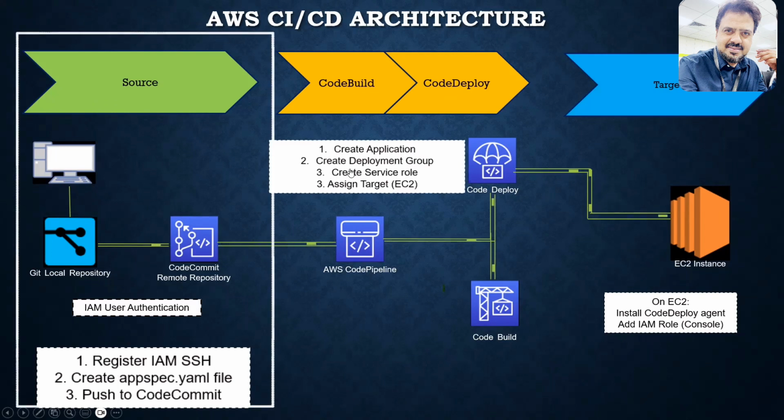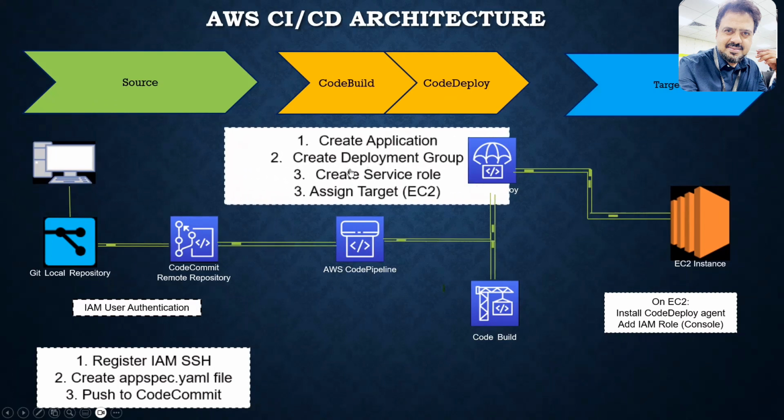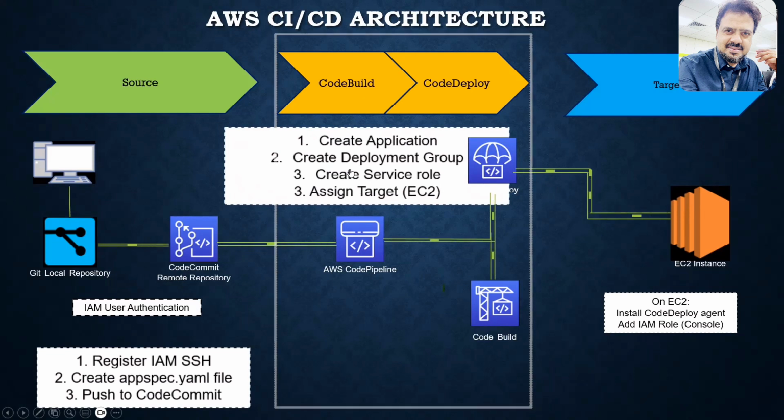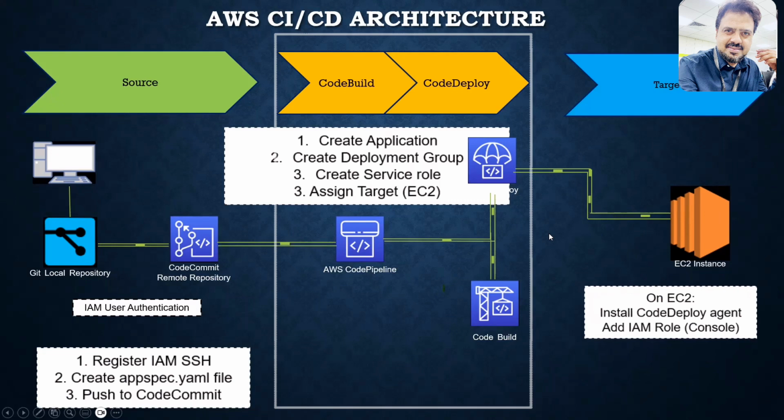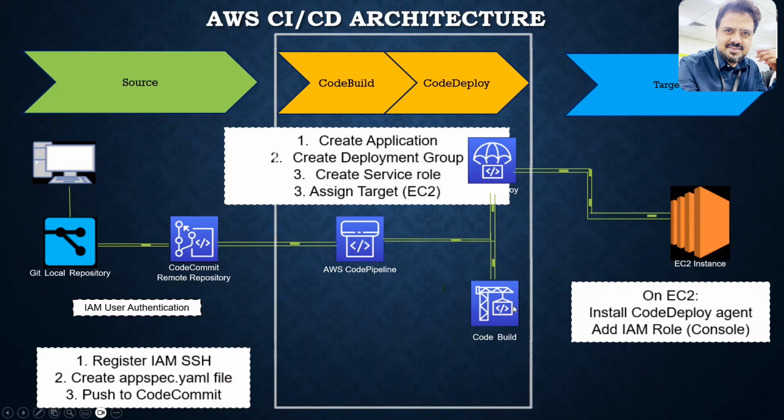And then in the deploy or code build procedure, we create an application, we create deployment groups, we create service roles, and then assign them to the target. In this video, we have chosen EC2 as our target. We have two options here. One is CodeBuild and one is CodeDeploy.